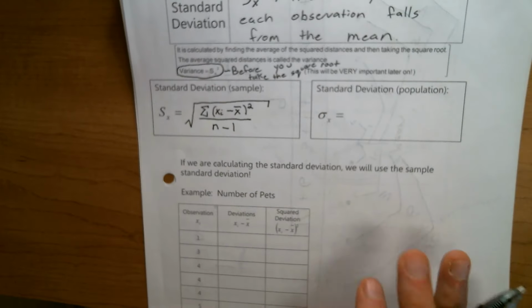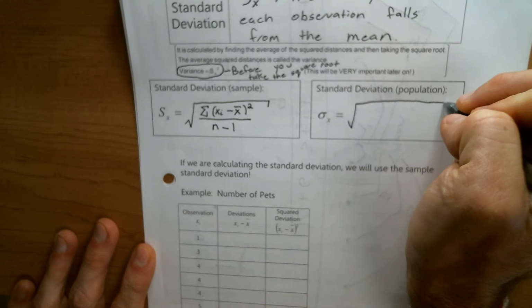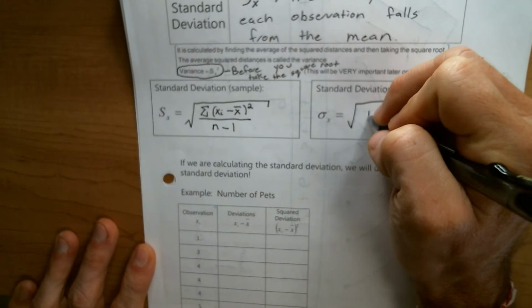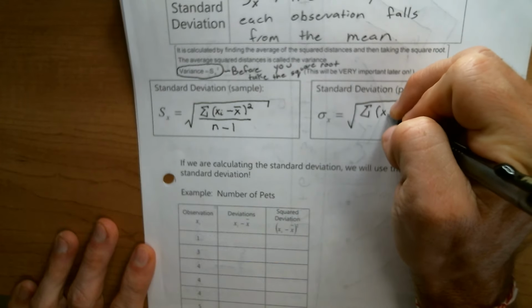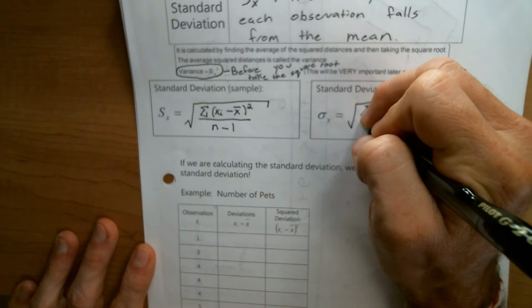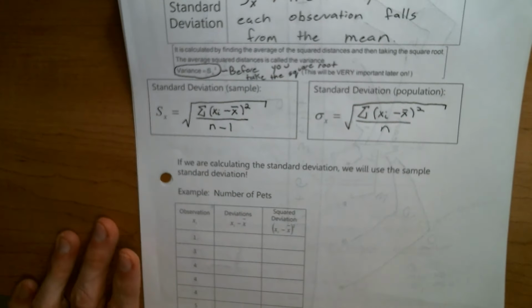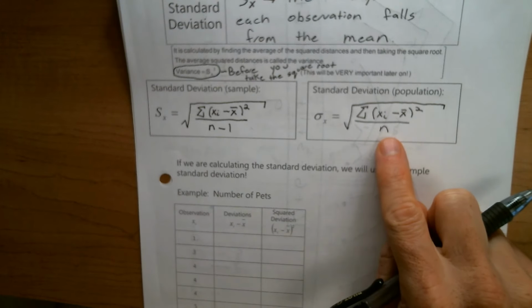Now, when we have the entire population, so when we're not taking a sample but we're talking to everybody, we don't have to make that adjustment because we've captured everybody. So it's the same exact formula, only instead of dividing by n minus 1, we divide by n. This is more of a true average because we're dividing by n.